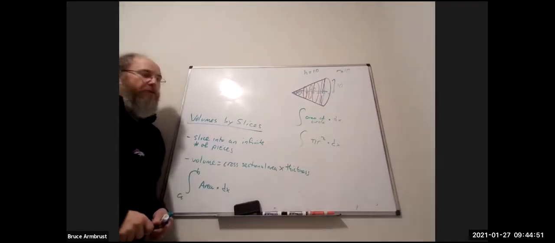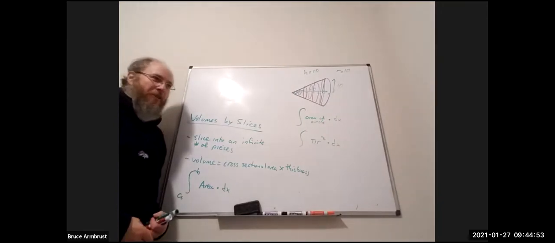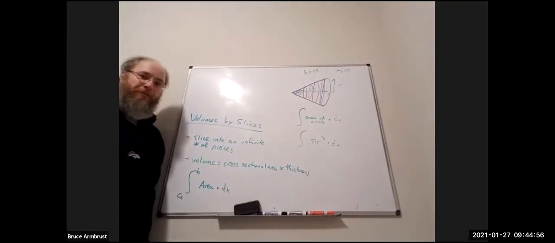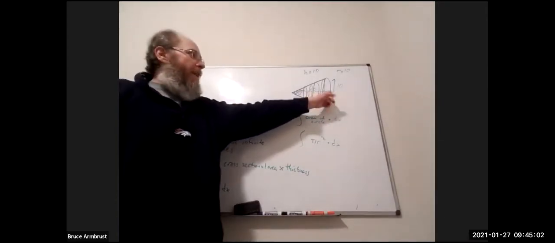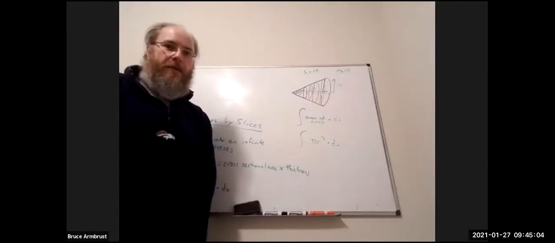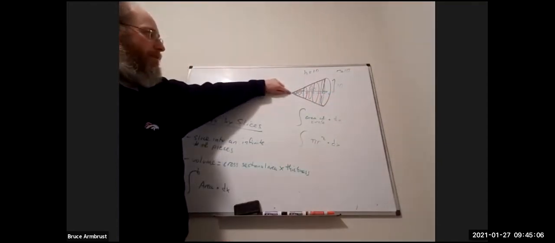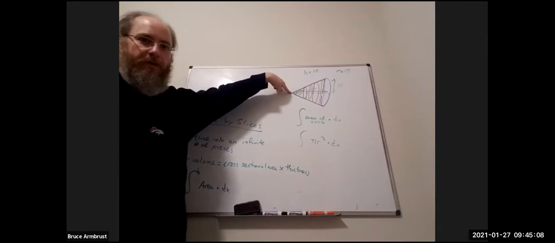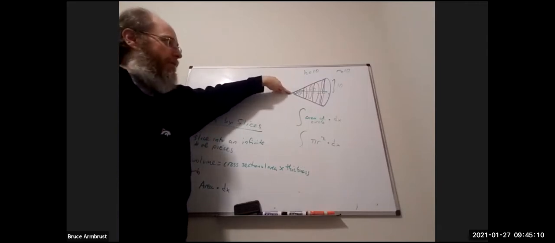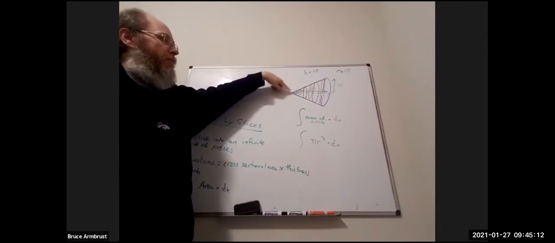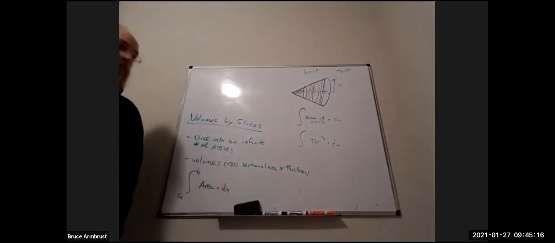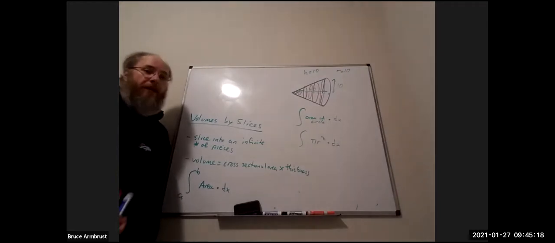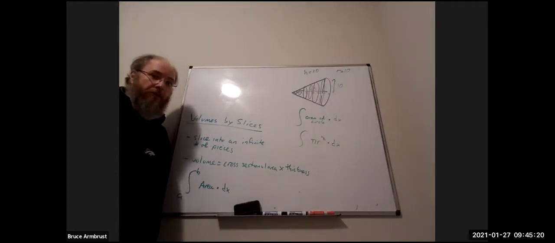But here's the deal with those circles. Their radius changes. The biggest one is actually going to be a radius of 10 when we get to the very, very end. The smallest one is actually a radius of 0. We think of that point that's at the very nub of the cone. So we're going to get anything from a radius of 0 to a radius of 10. But we really need to know how that radius changes as we go along.